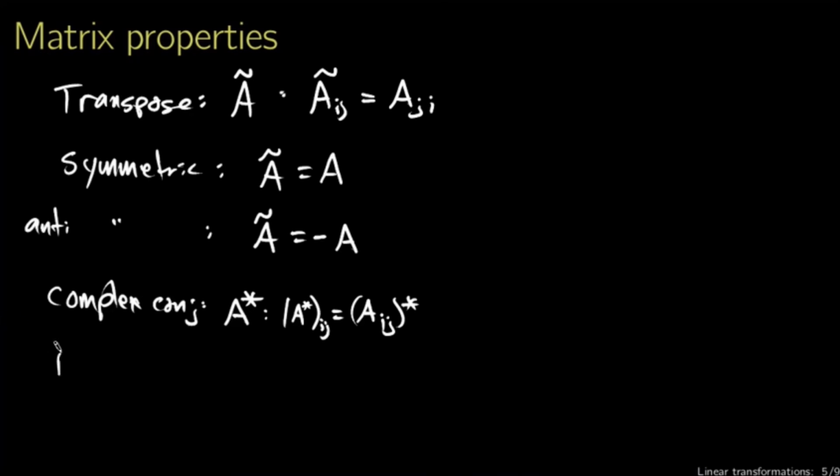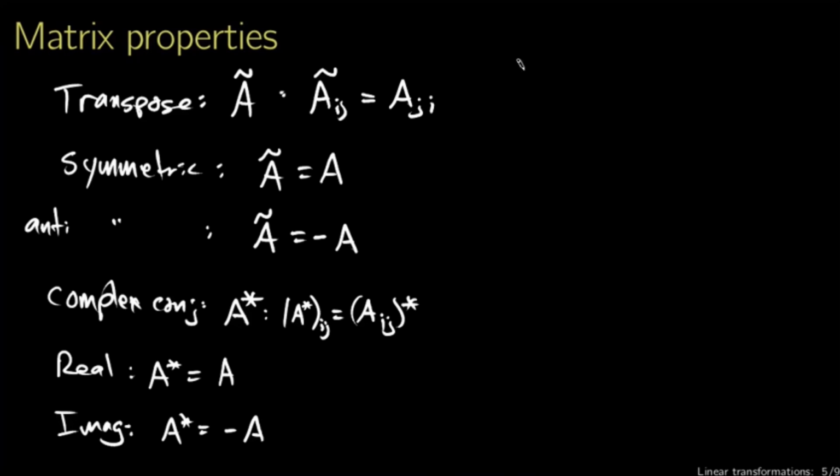We describe then a matrix as real if the complex conjugate of the matrix is equal to the matrix, and imaginary if the complex conjugate of the matrix is equal to minus the matrix. If all the elements are real, you have a real matrix. If all the elements are imaginary, you have an imaginary matrix.